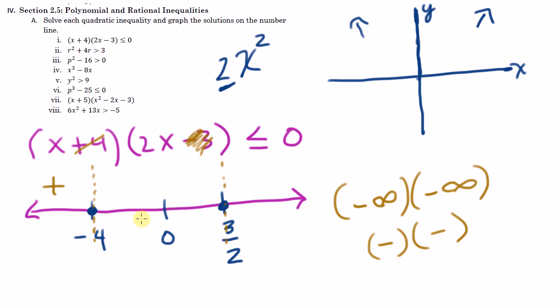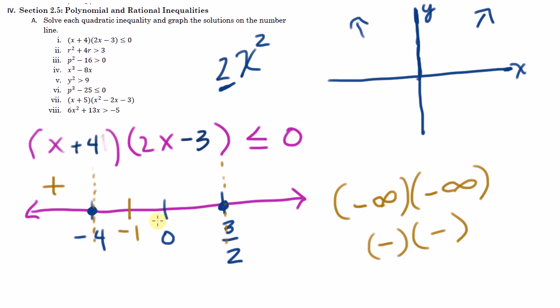From -4 to 0, I want to know what's going on. Like I said, this is just the way that I do it, and because I'm making the videos, that's the way I'm going to show.